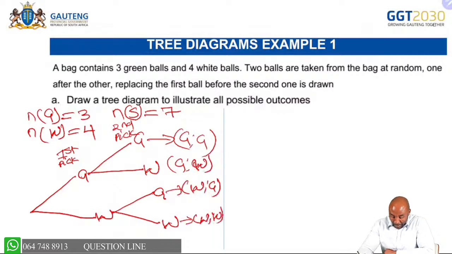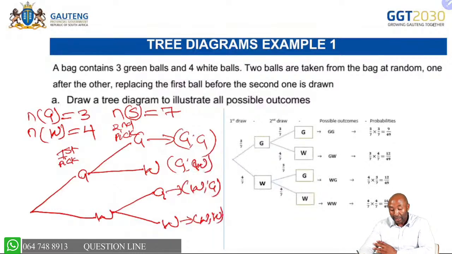Now, remember, sometimes we'll be expected to show our probabilities on our branches, and our outcomes should look something like that. So we have our tree diagram, first draw, second draw, our possible outcomes, and the probabilities of each outcome. Let's move along.